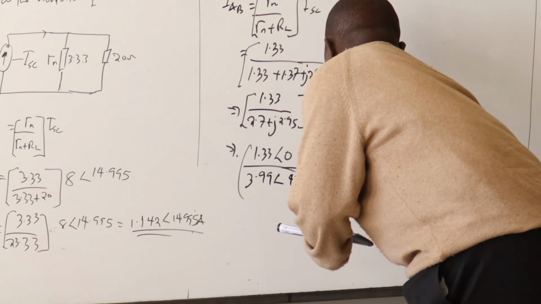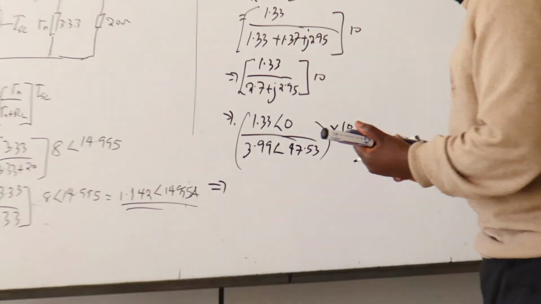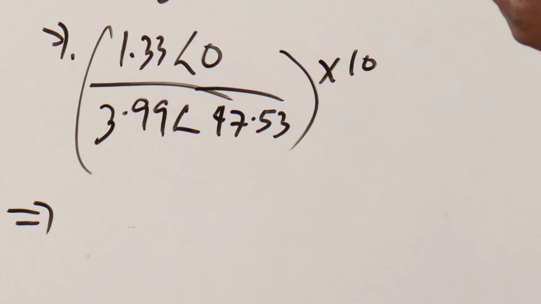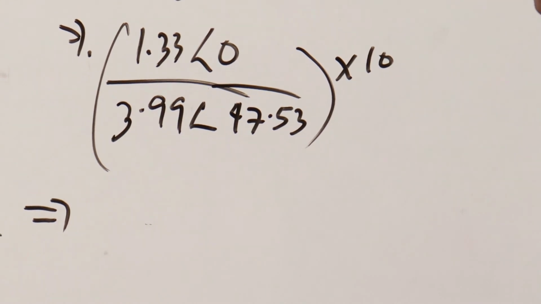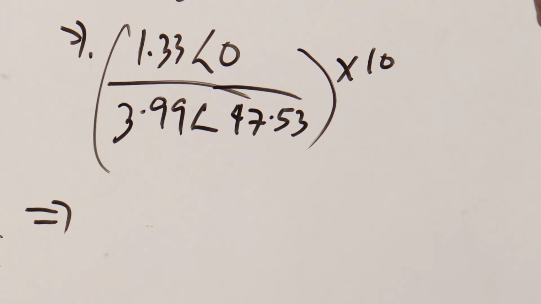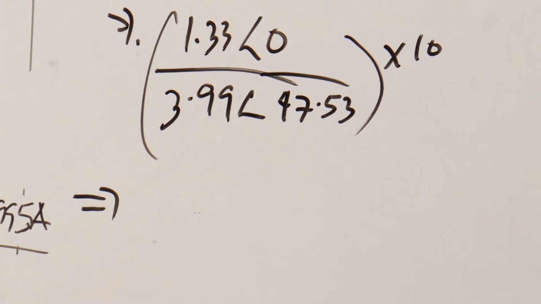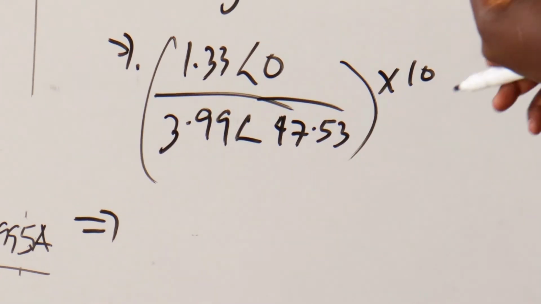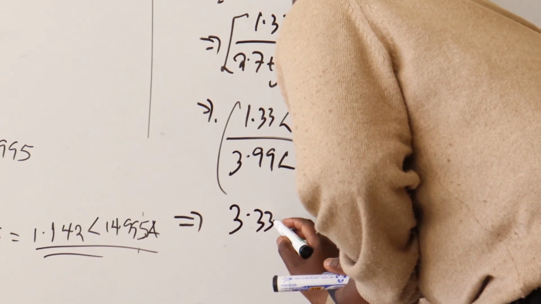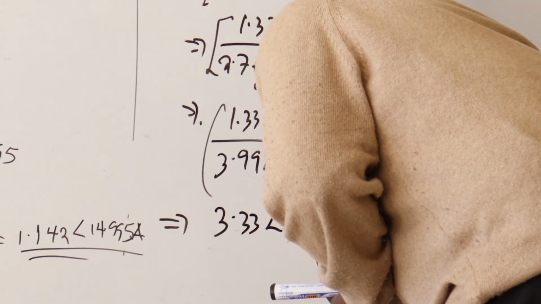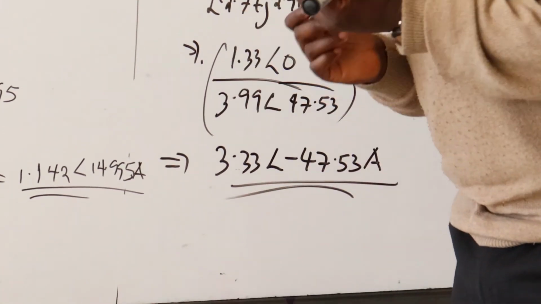This is what we multiply by 10. This implies that our answer is 3.33, the angle is minus 47.53 amps. And that is it.